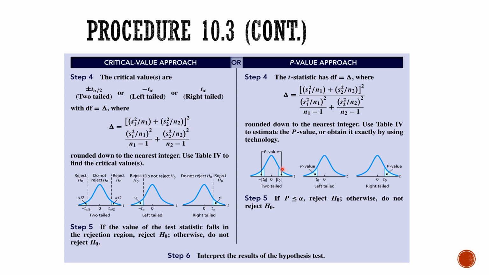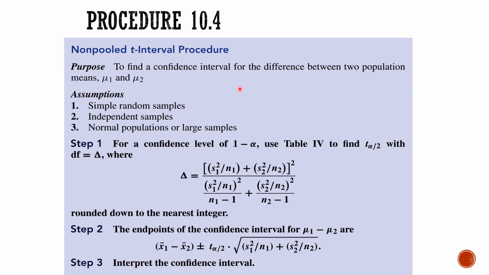We will work that through step by step using all these steps to complete the hypothesis test and later on also find the confidence interval. To find the confidence interval, the t-interval procedure for a non-pooled procedure, the broad steps are going to be the same.